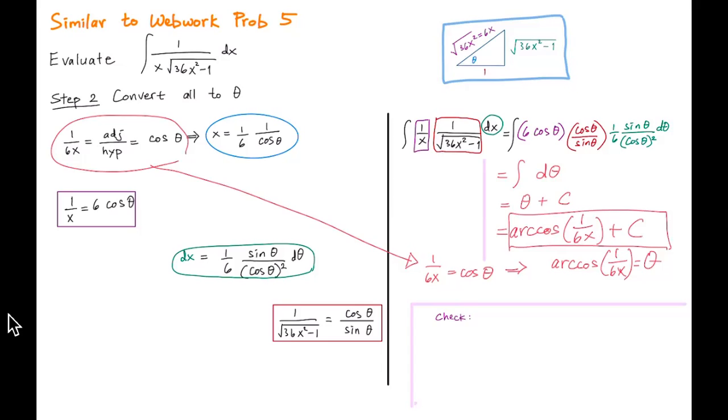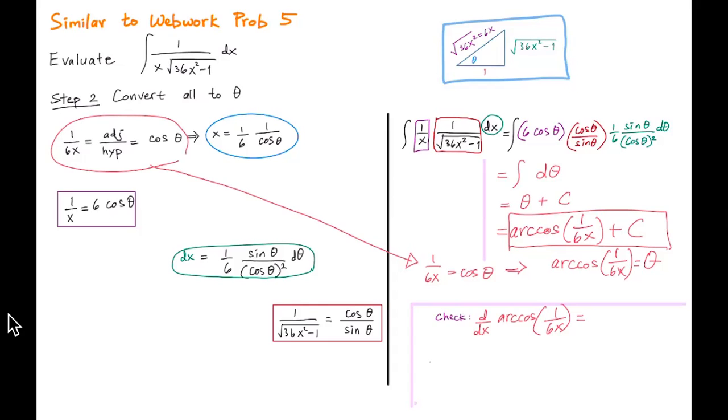Now I can also check my answer if I want. So I can take the derivative of arc cosine of 1 over 6x. And we just computed the derivative for arc cosine of x.